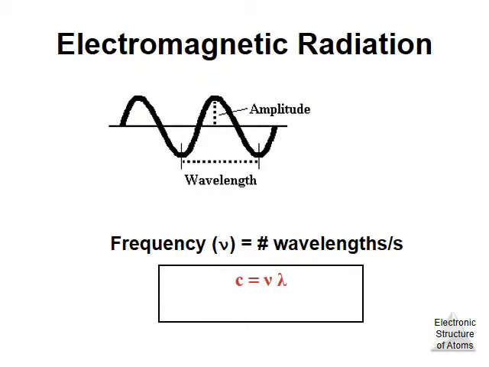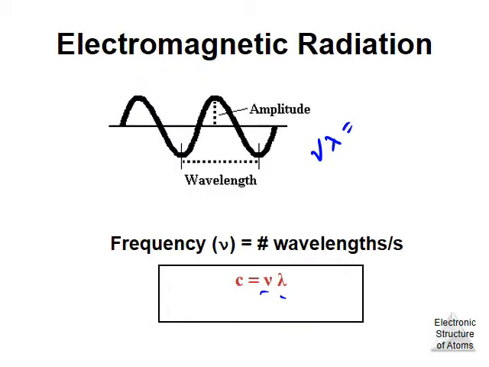Now you can see here how velocity is related to wavelength and frequency. Basically, you multiply frequency by wavelength, then you get velocity. You can double check this. Frequency has the unit of number of wavelengths per second. Let's check this: nu times lambda, nu is pronounced as nu.